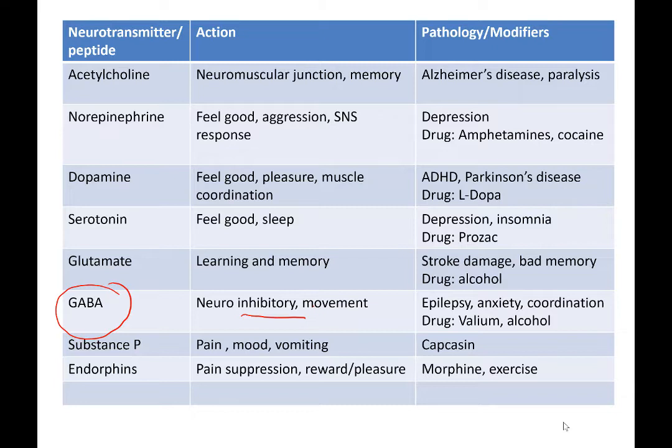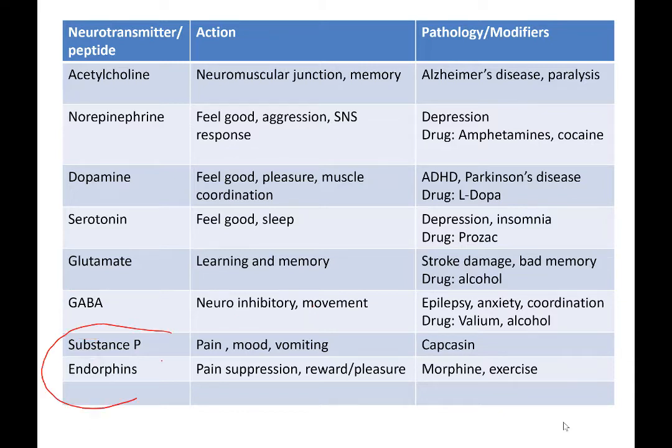If someone doesn't have a sufficient amount of GABA, they're going to have more anxiety, but most importantly, epilepsy. They're going to be more prone to random things stimulating, causing action potentials, and so you can have inadvertent activity of the brain that wasn't initiated. That's really what an epileptic seizure is.